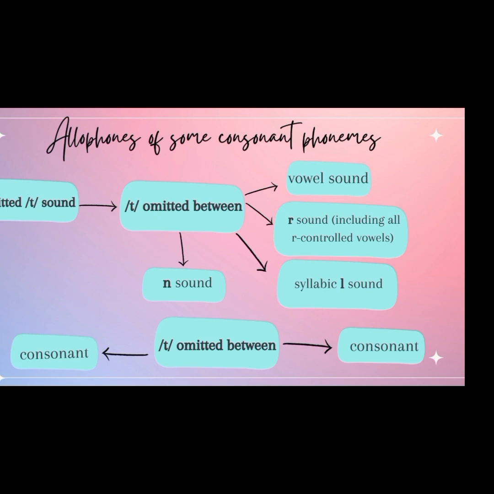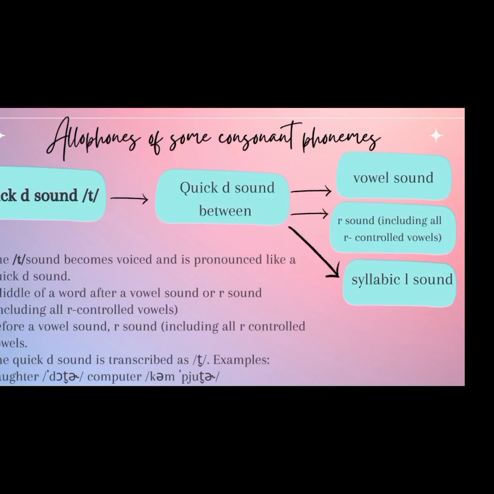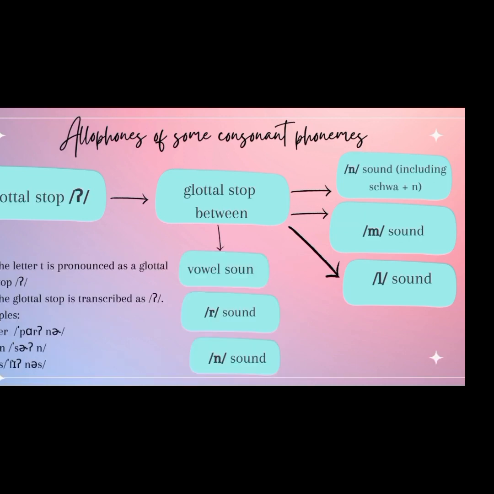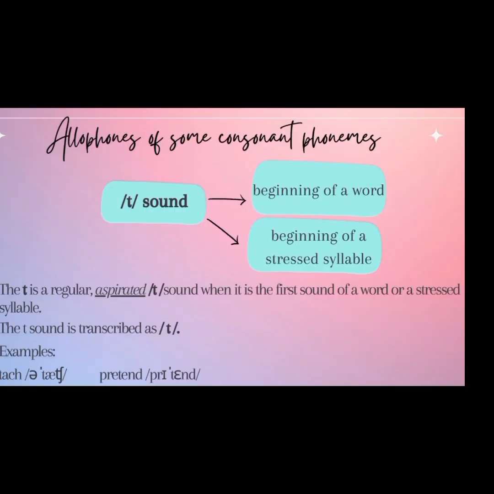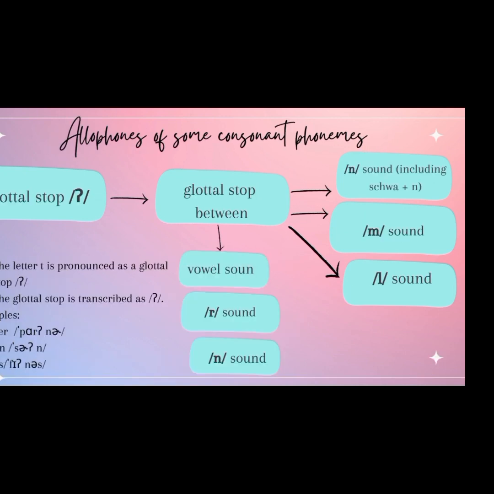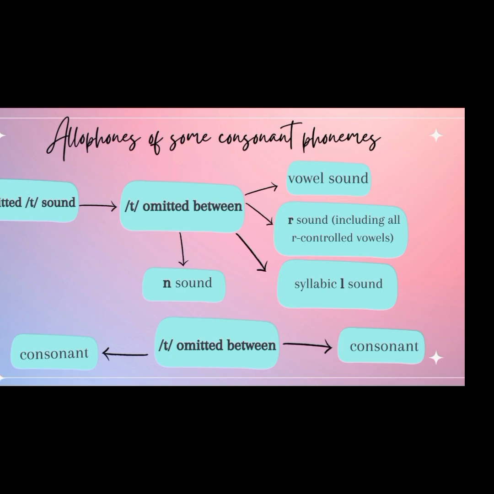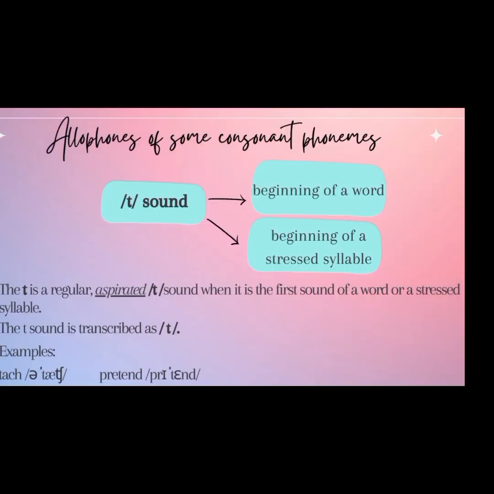This sound is between vowel sounds, R sounds including all R-controlled vowels, and syllabic L sounds. T becomes voiced and is produced like a quick D sound when it occurs in the middle of a word after a vowel sound or R sound, including all R-controlled vowels, and before a vowel sound, R sound including all R-controlled vowels, or a syllabic L sound.